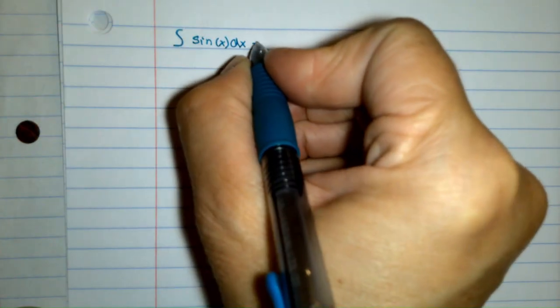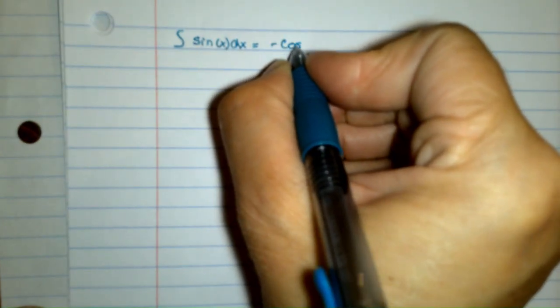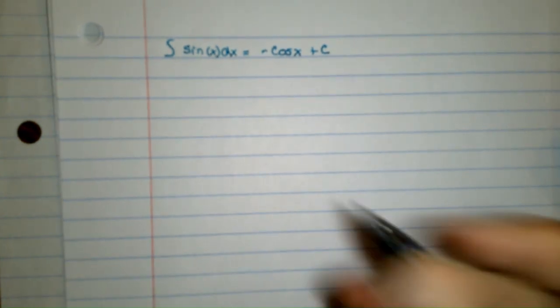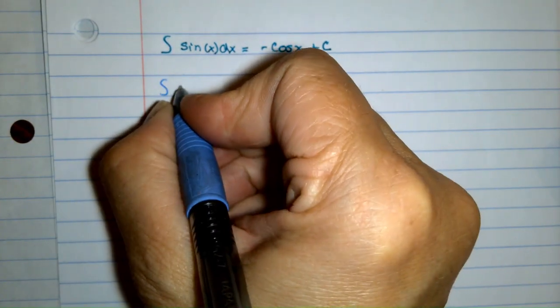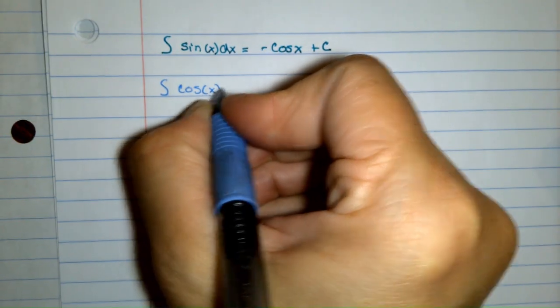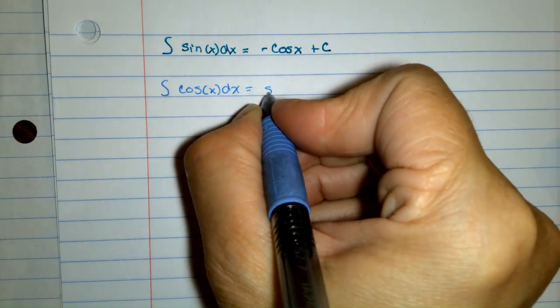Your derivative rules, right? The integration of sine x dx goes back to negative cosine plus c. However, cosine was the derivative of sine.